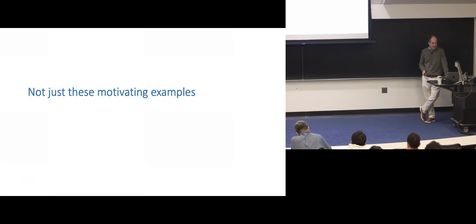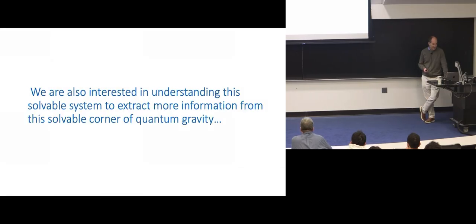Now these were just some motivated examples, and we are also interested in understanding the solvable system to extract a little bit more information from this corner of quantum gravity. So regardless of these examples, we'd like to understand the solvable corner in some other circumstances.